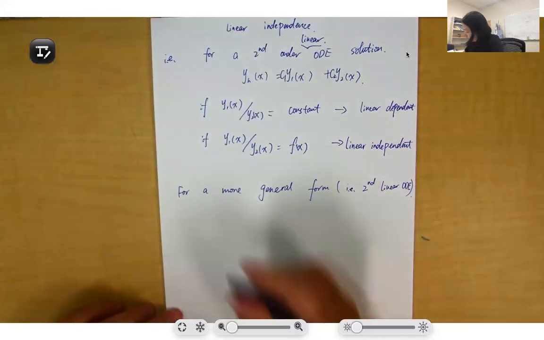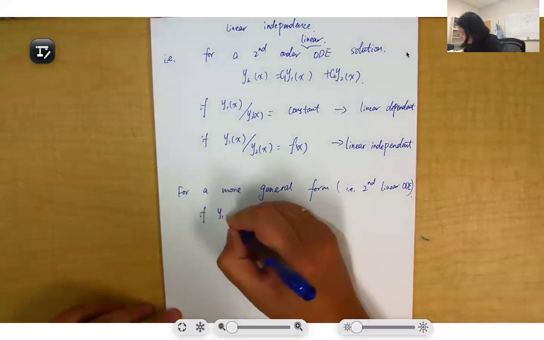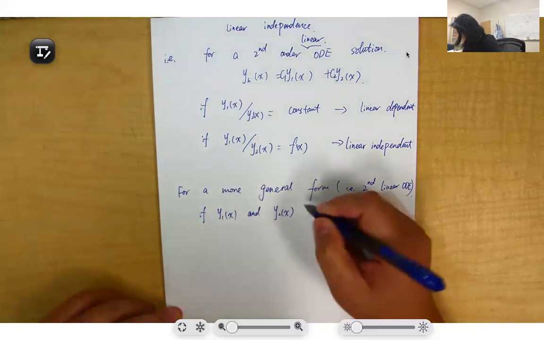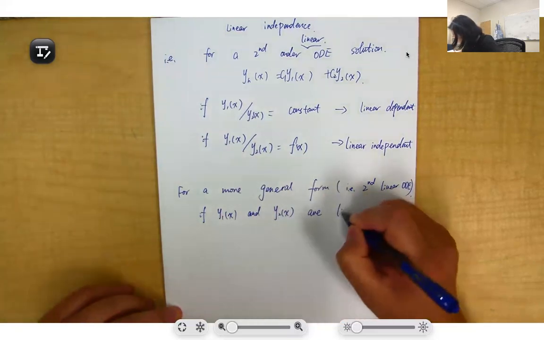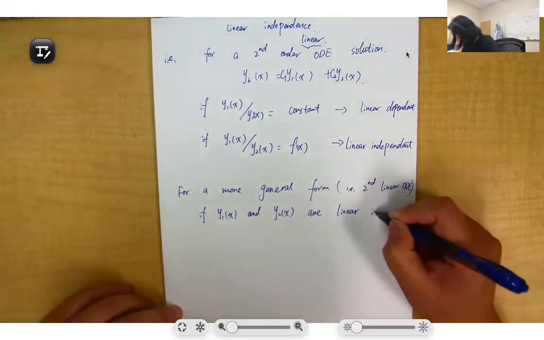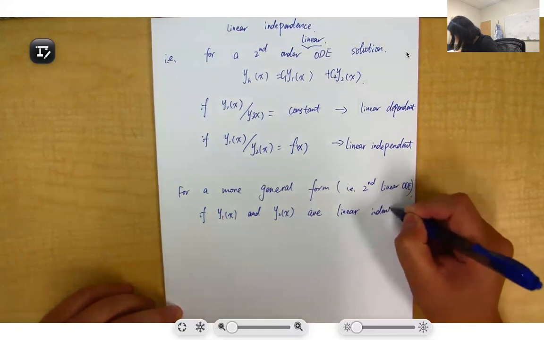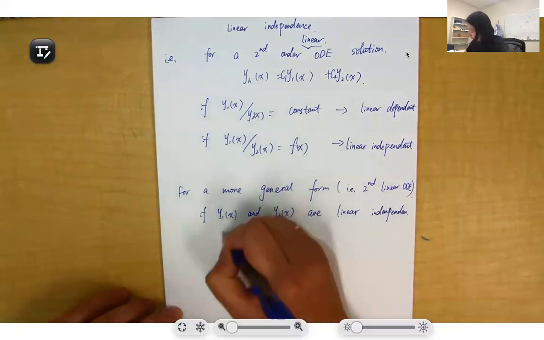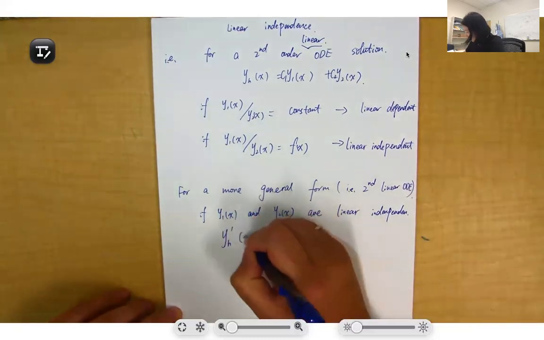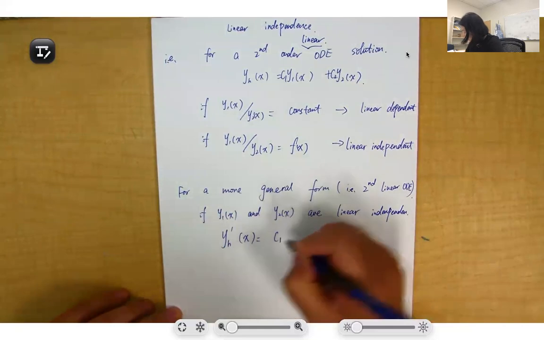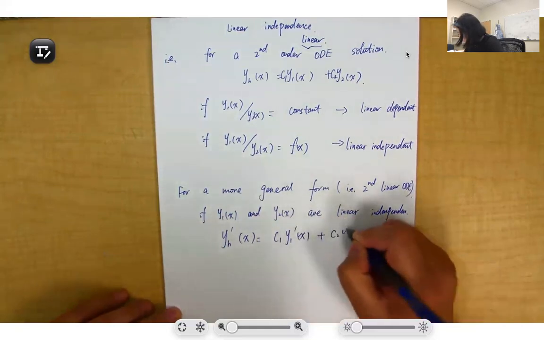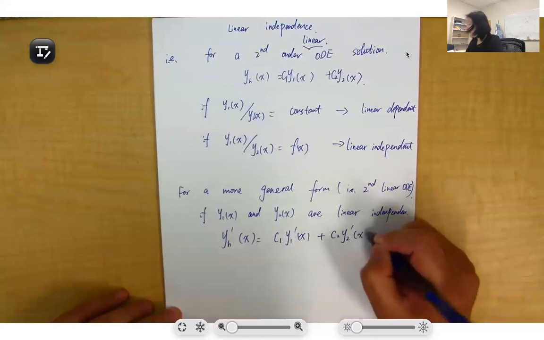So if my y1(x) and y2(x) are linearly independent, then we can write yH prime(x) equals c1 y1 prime(x) plus c2 y2 prime.